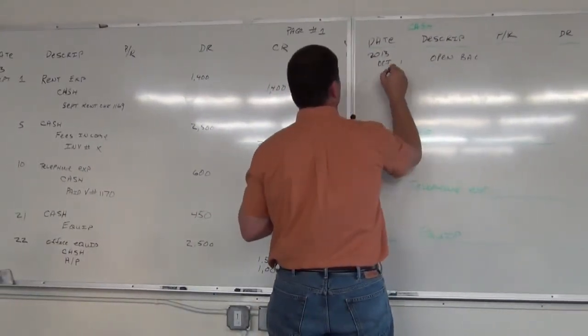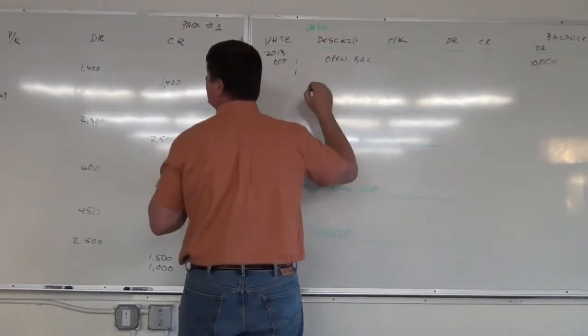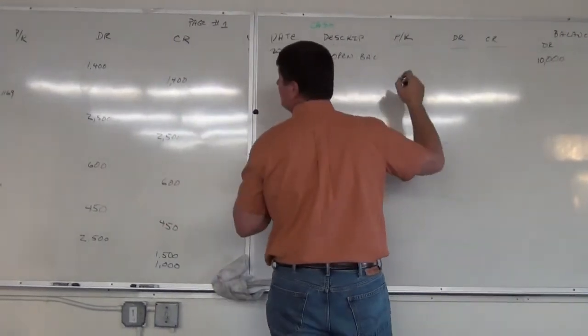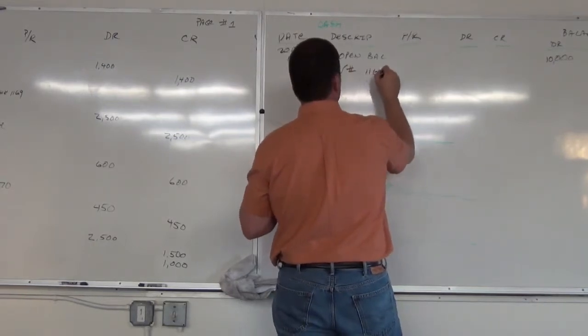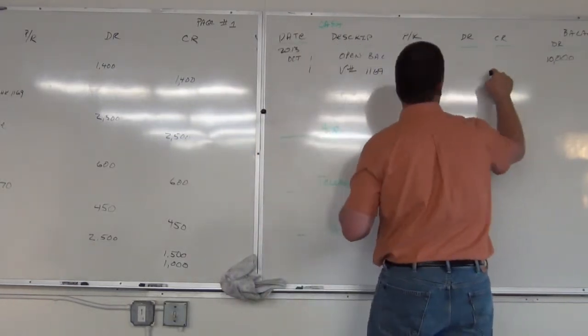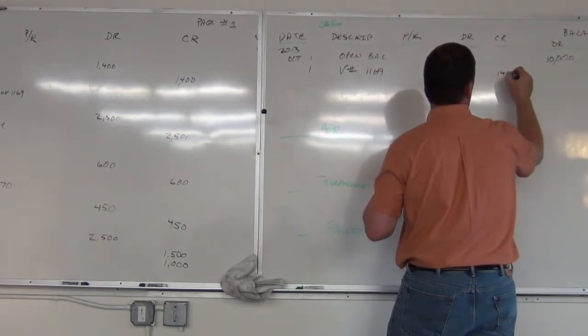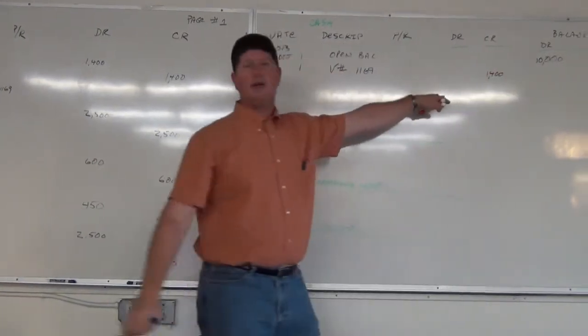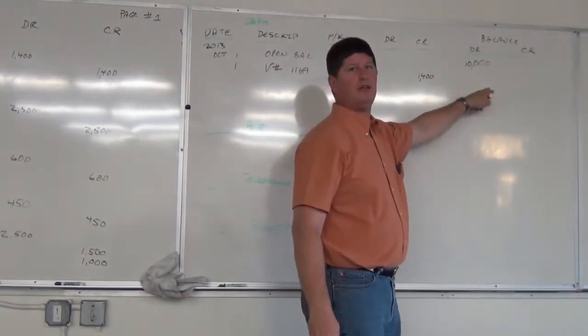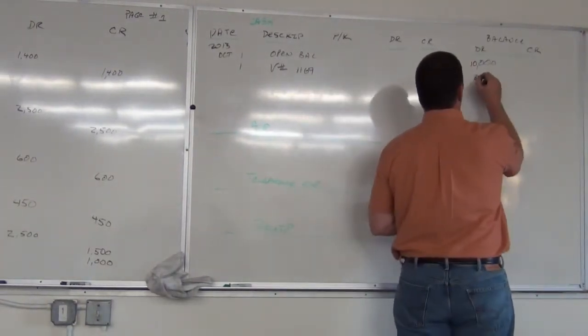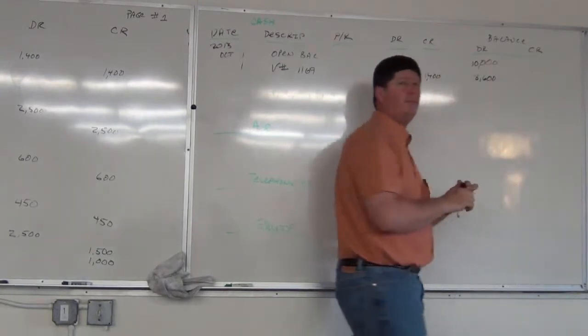So I'm going to put in the date, again, October 1. Check number 1169. And it's a credit, right? $1,400. And I calculate the ending balance in cash. 10,000 minus 1,400 is 8,600.